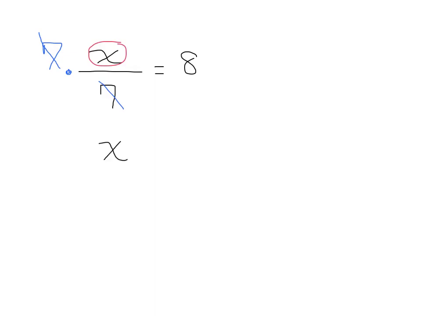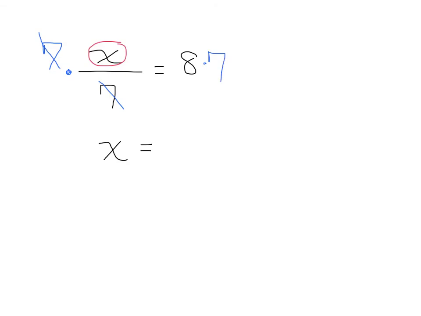Then when I look at situations where the x is divided by a number, in order to get the x by itself, to undo the division, if I multiply by 7, once again I've got 7 in the numerator, 7 in the denominator, I'm left with x equals, and if I multiply the left by 7, I'm going to multiply the right by 7.